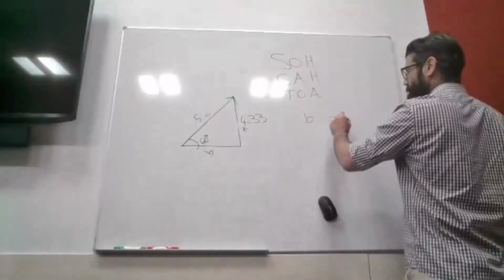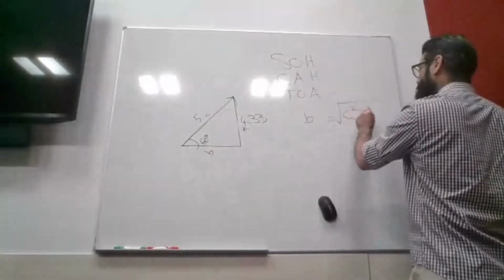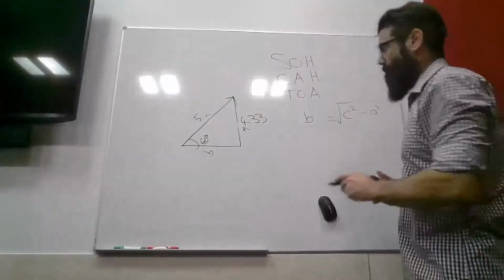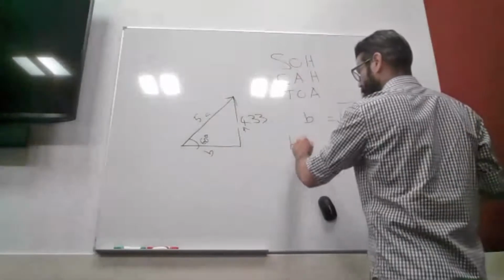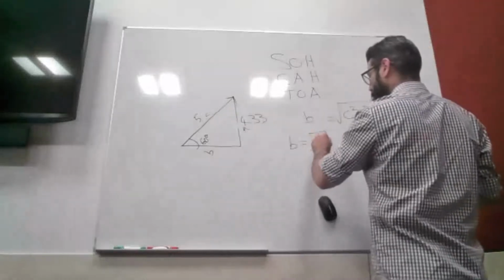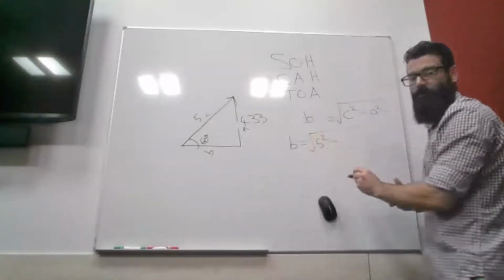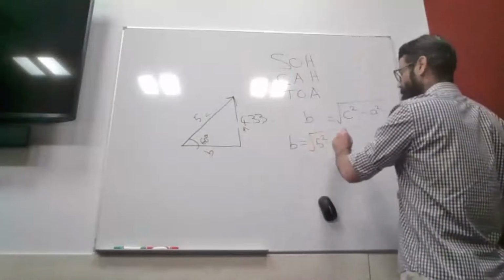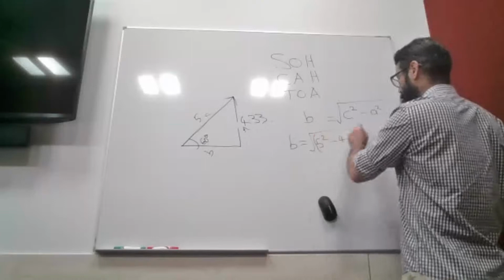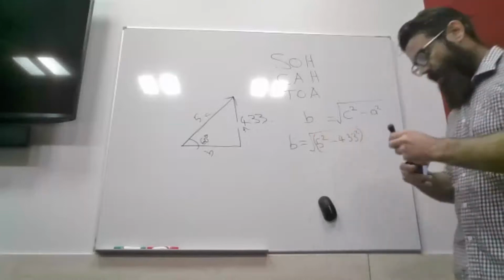So b equals the square root of c squared minus a squared, which means b equals the square root of 5 squared minus 4.33 squared. And I'm just going to put it into my calculator like that with brackets.